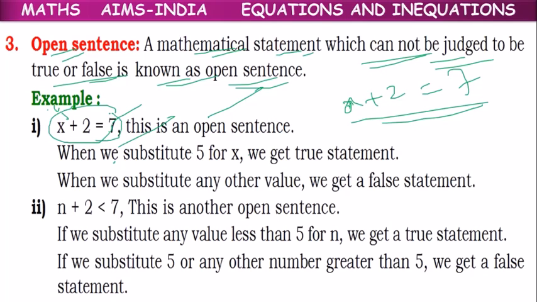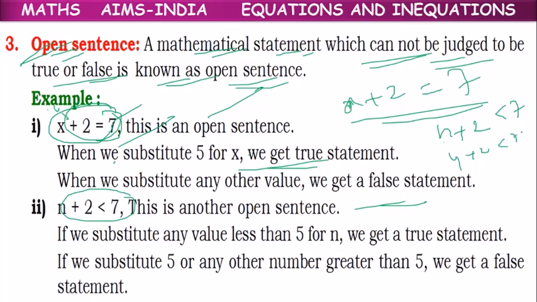Sorry, children. The same sentence can be true or false depending on the values, which is not the definition of a normal mathematical sentence. So it's an example of an open sentence. And n plus 2 less than 7: if we keep 4, 4 plus 2 less than 7, 6 less than 7, true.